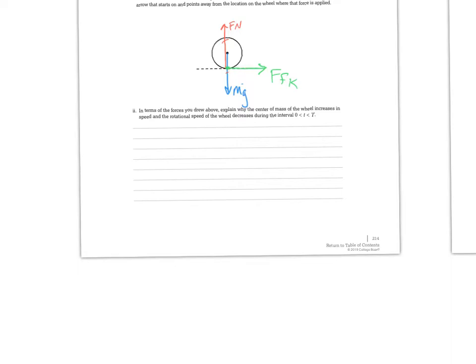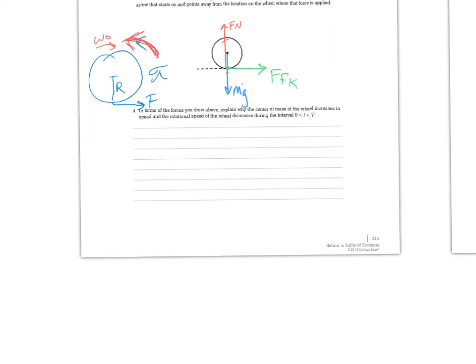If you think about the radius away, I'll draw another version of this. If that wheel is experiencing a force at a radius away, that's going to equal a torque that's trying to counteract the rotation that was already started. This initial omega was forward, and this counter torque would be working against that.